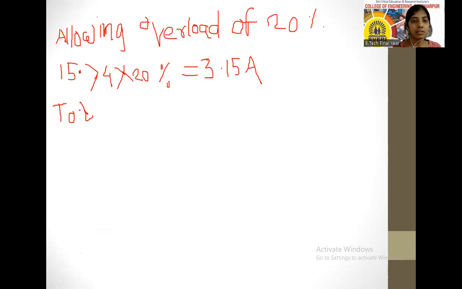Total current is equal to 15.74 plus 3.15.